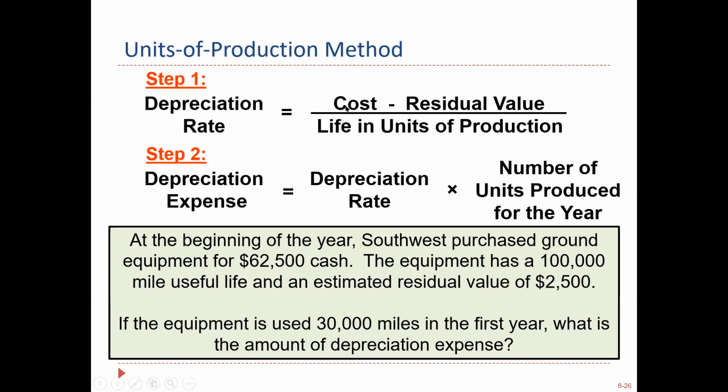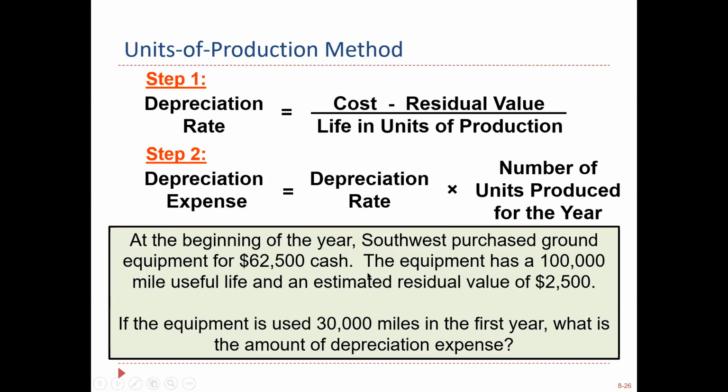We're taking the cost of 62,500 and subtracting the residual of 2,500. And now we have the depreciable amount of 60,000. But we're not going to do this by year. We're going to do it by mile. This ground equipment could be a car or something.